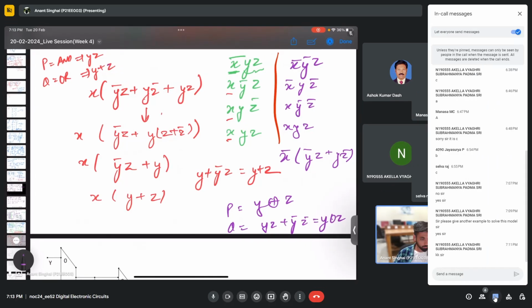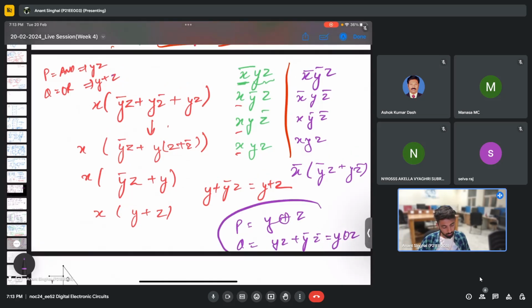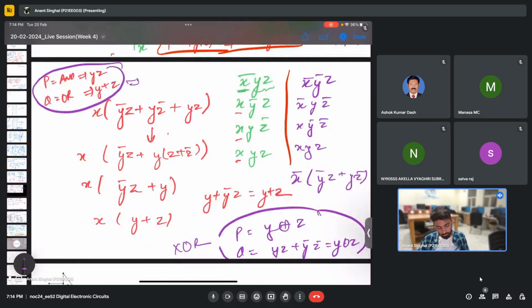Does it make sense? Is it clear, or should I give more examples? So this is for XOR, and this is for the majority gate.